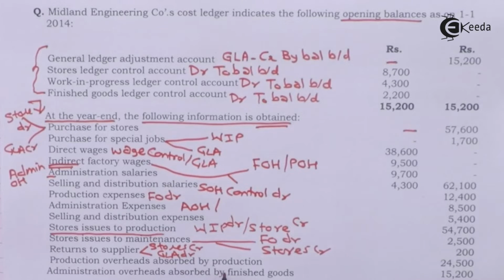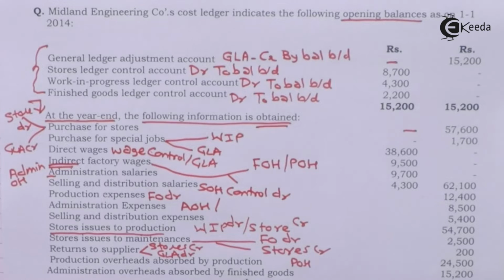Production overheads absorbed by production, this is production overheads actually considered as per predetermined rate. This will be recorded in production overheads control account. We'll be finding the difference between actual overheads absorbed and actual overheads spent. The difference we are required to adjust.